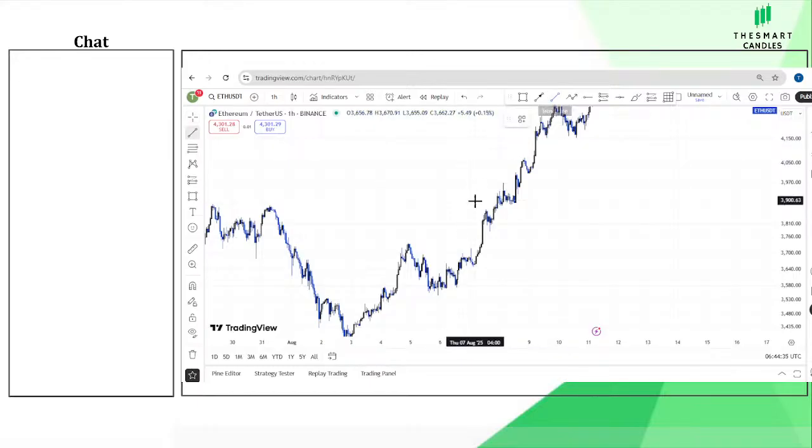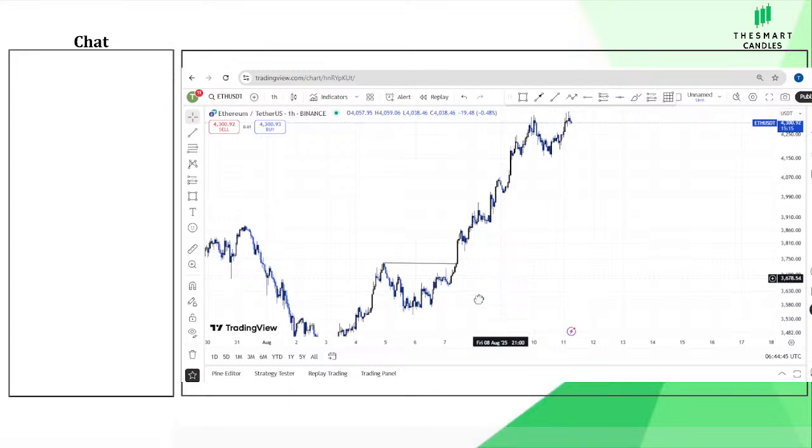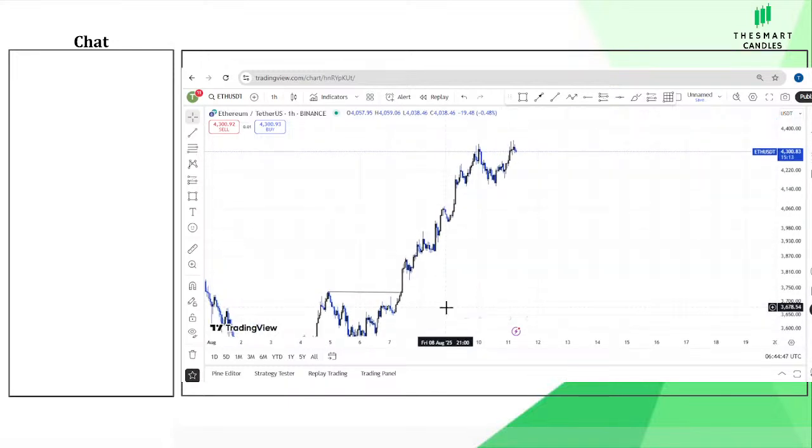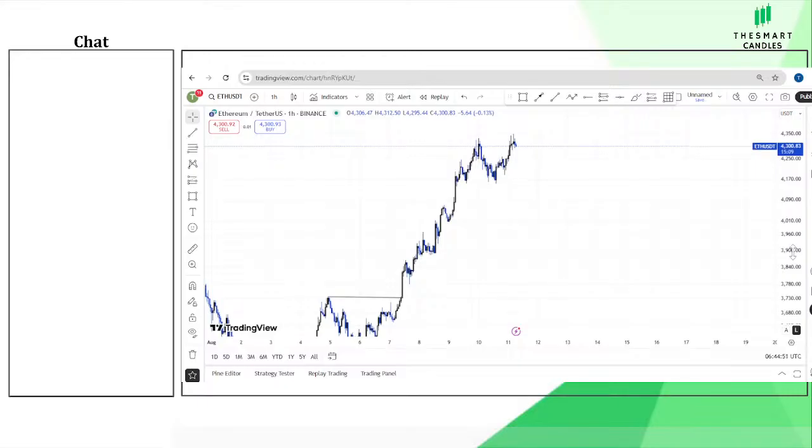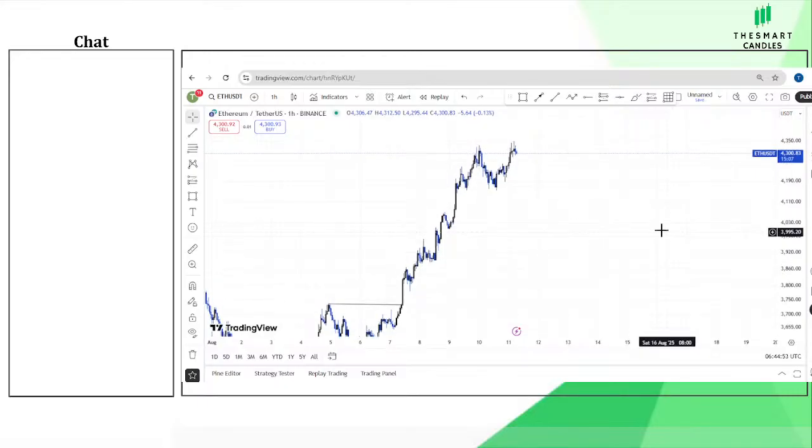So looking at this price action here, I think this is even kind of far to actually look at. But let's just look at the most recent price action on Ethereum to get a quick trade.